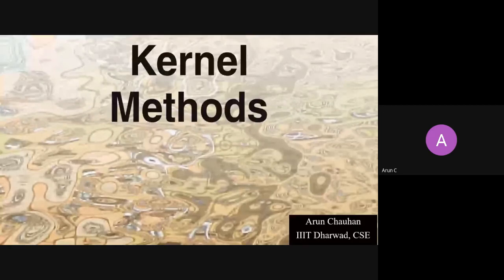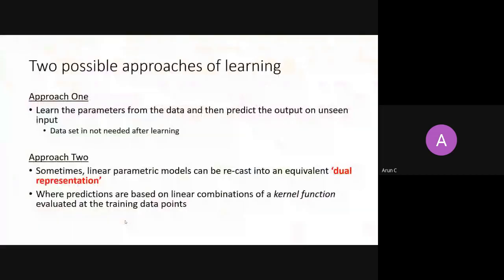I introduced kernel methods yesterday, so I will go over it again. As I said, there are two possible approaches for learning. One is that you have data, then you assume some model to fit that data. For example, you want to fit a line.